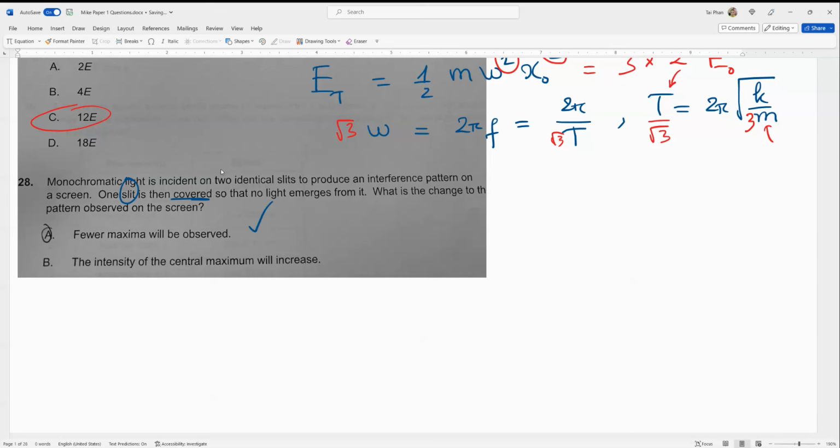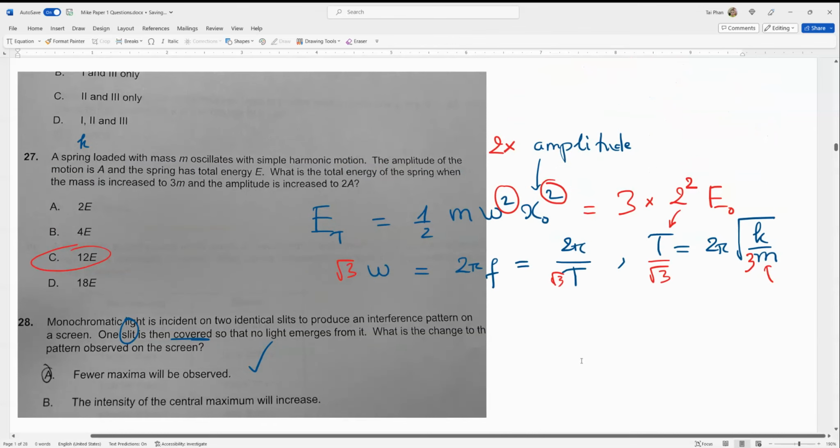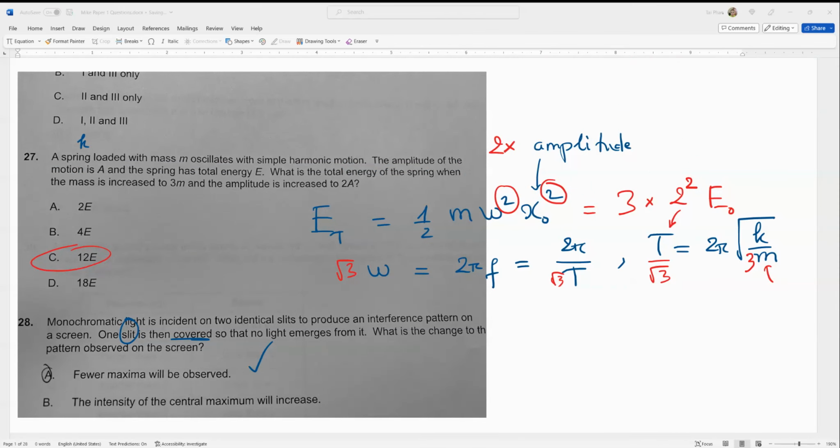I'll send you a picture. Let me try inserting a picture here about the difference between single slit diffraction and double slit interference. Yeah, I'm looking for a picture of the difference between these two.